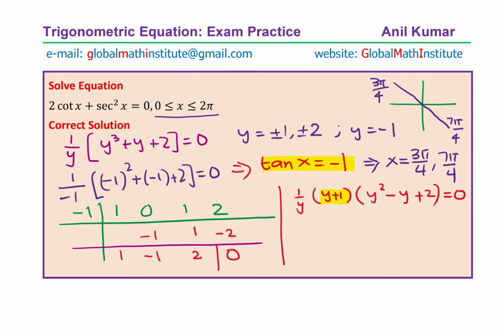Let's check this out. Well, y square minus y plus 2, if you apply the quadratic formula, then the value of y will be 1 plus or minus square root of b square minus 4ac, over 2a, right? So no real solution, correct?